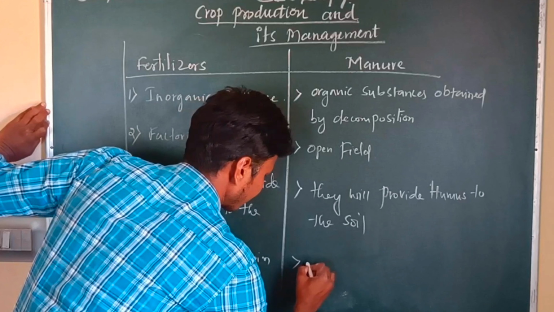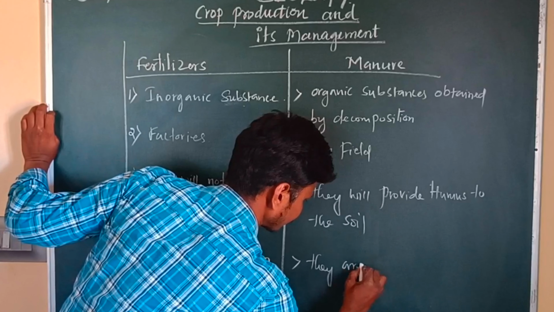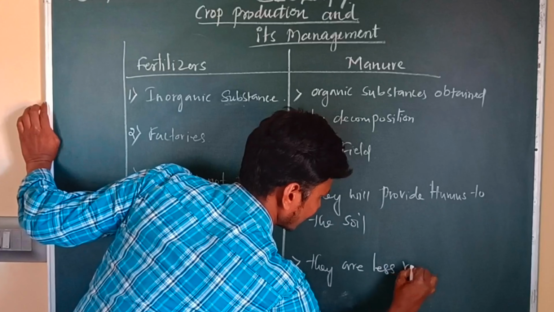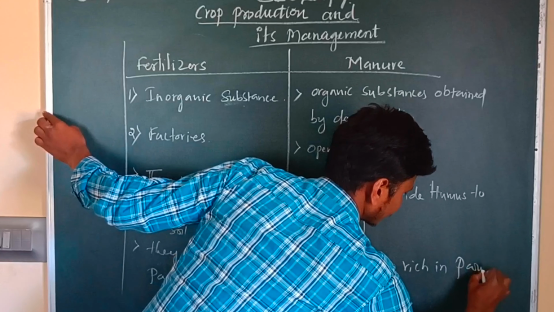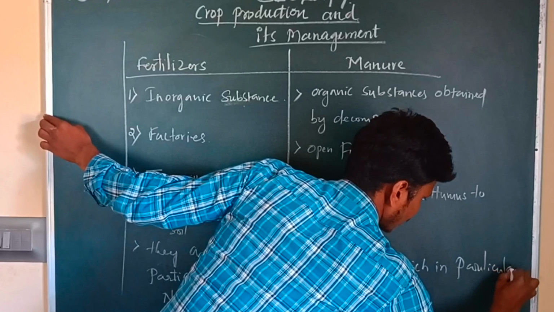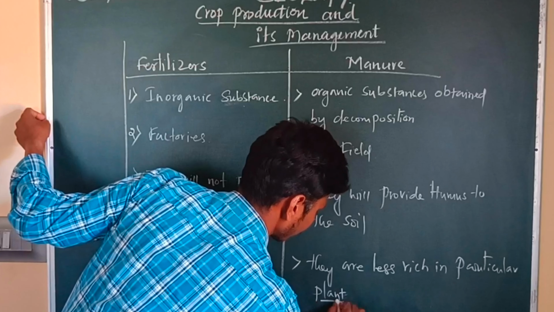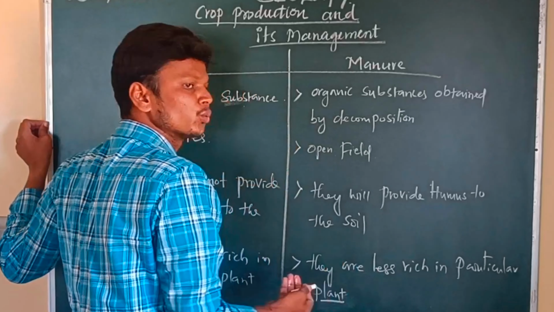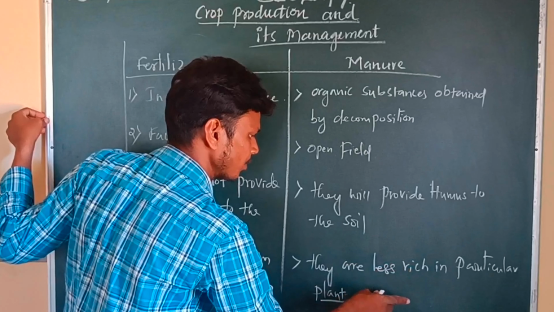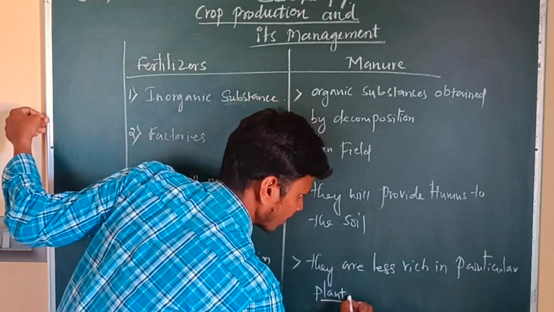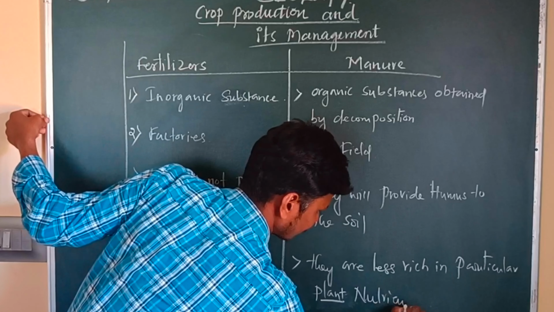Manures are less rich in particular plant nutrients. They may contain all, but not one or two nutrients. They will contain all, but they are not rich. They are less rich in particular plant nutrients. Hope it is clear for everyone.